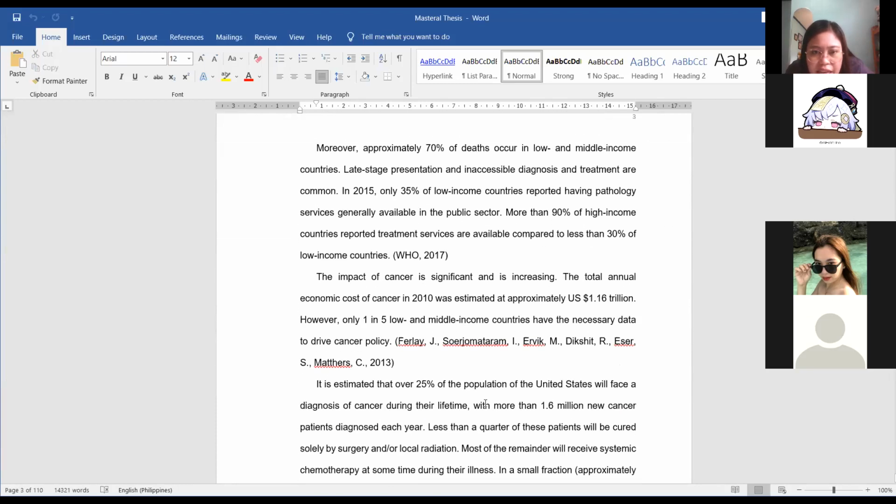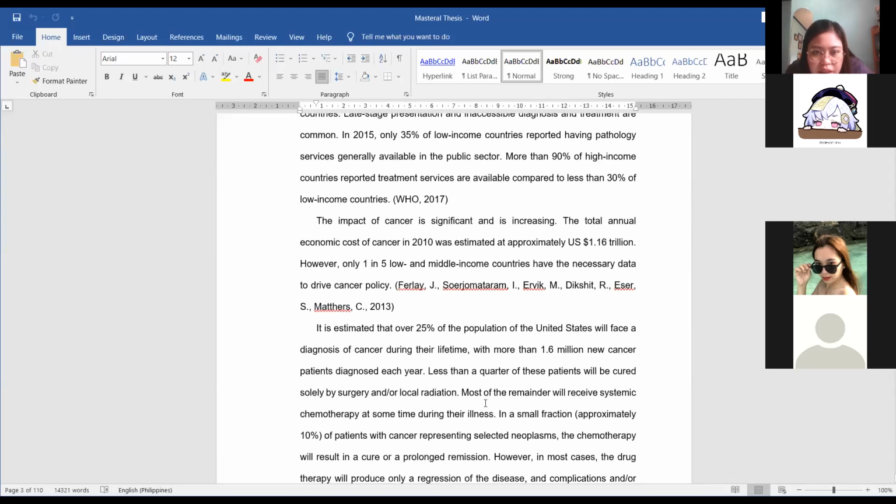Okay? And then after that, I established the need on why gusto na ko magkaroon og another tambal sa cancer, given that nga daghan na kay tagtambal sa cancer ha.